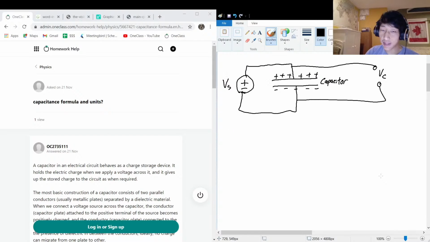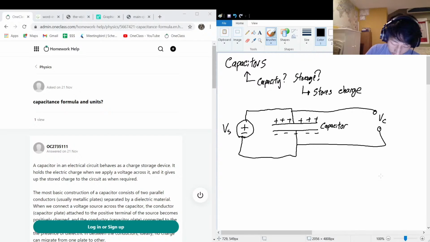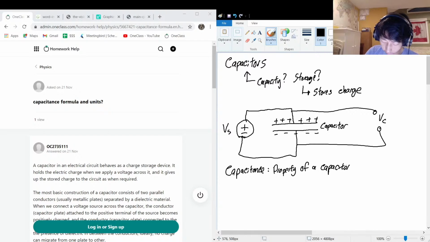Capacitance is a property of a capacitor. It's similar to how a resistance is a property of a resistor.